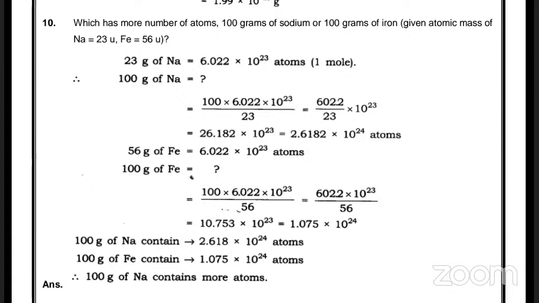We do the same for iron, since 56 gram of iron is equal to 1 mole. By cross multiplication, 100 gram of iron will be equal to 100 into 1 mole by 56, which is equal to 1.075 into 10 to the power 24. We get this by calculation. Here we can see that 100 gram of sodium contains approximately 1 more atom than 100 gram of iron. Hence, 100 gram of sodium contains more atoms than 100 gram of iron.